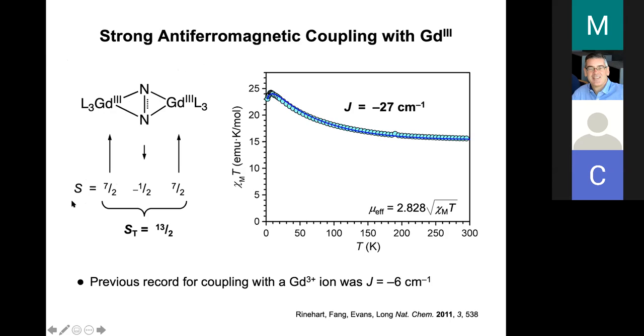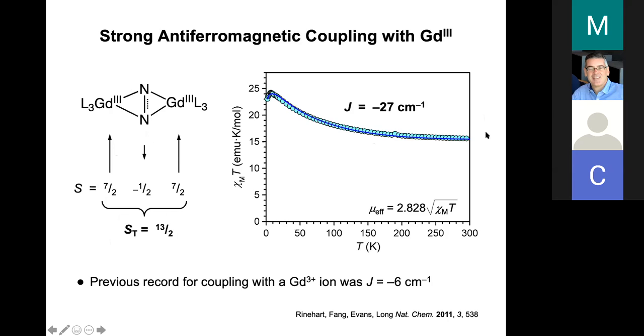So it shows spin-only magnetism, and S equals 7/2 here. There's a large spin-only moment on each gadolinium. And it turns out that those engage in direct exchange, which is antiferromagnetic, with the unpaired electron on the N2 3- bridge. That gives us then a total spin of 13/2 for the ground state.